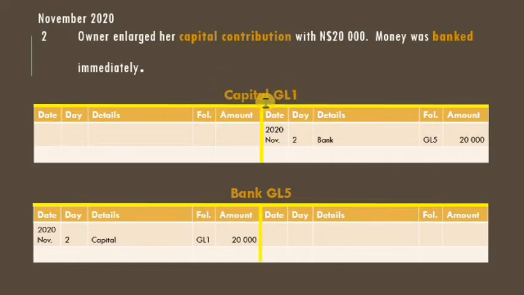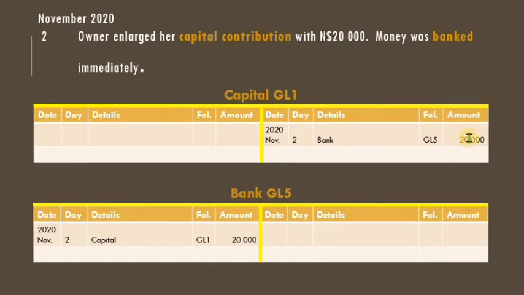We are going to work on the credit side of capital if you think about EDALIC. So this is the credit side of capital. Our date is 2020 November, the 2nd. And our other T account will be bank. Now bank here is GL5. Therefore we put it in the folio column, and the amount is 20,000.